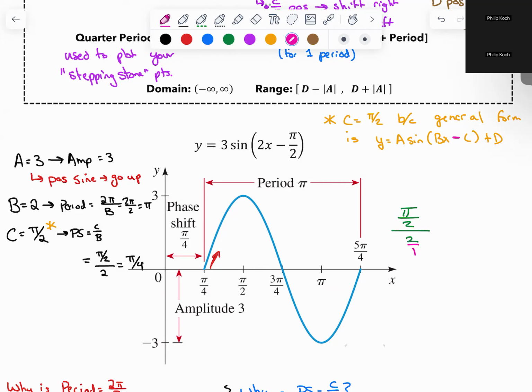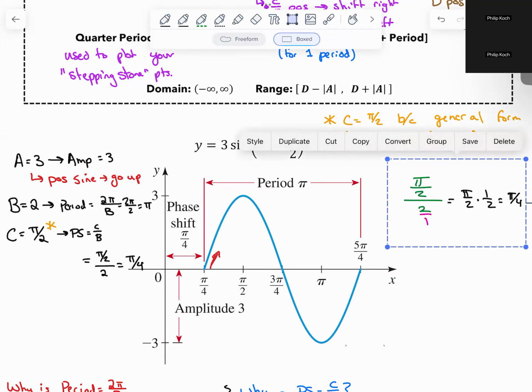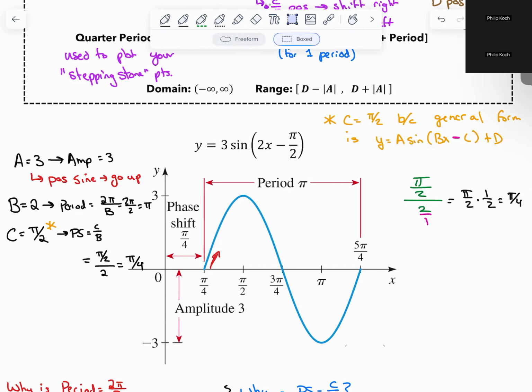And when we divide by a fraction, we flip and multiply. So this becomes pi over 2 times 1 over 2, which is pi over 4. That's the reason for it. I'll keep it up here, put it off the side, and I'm going to erase it when I need the space.